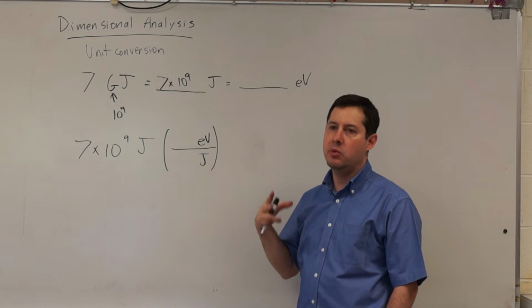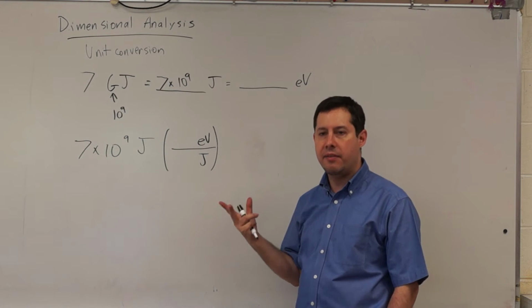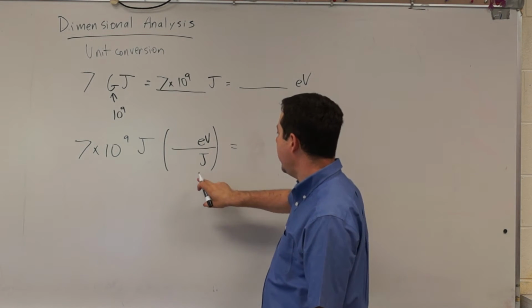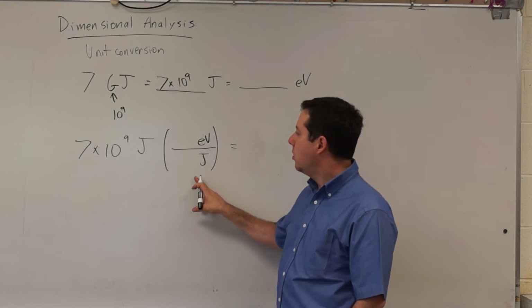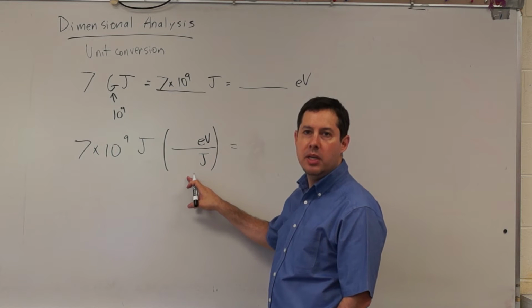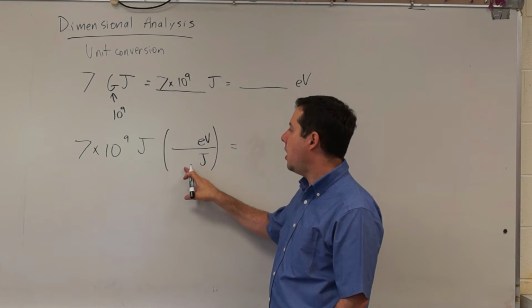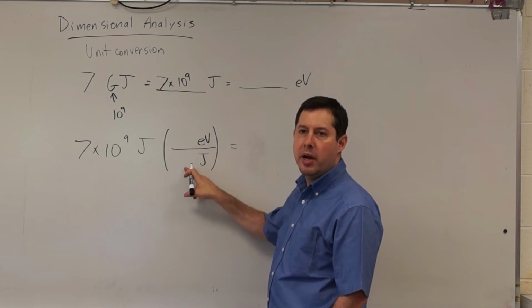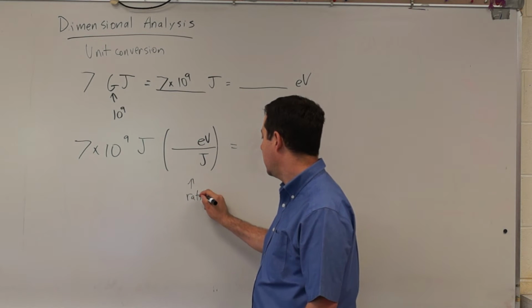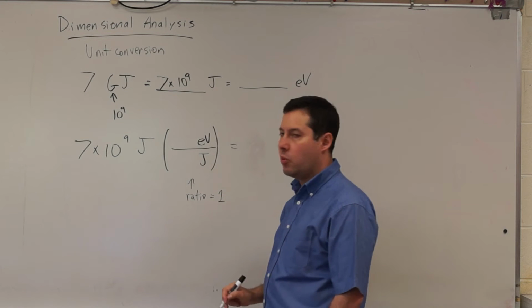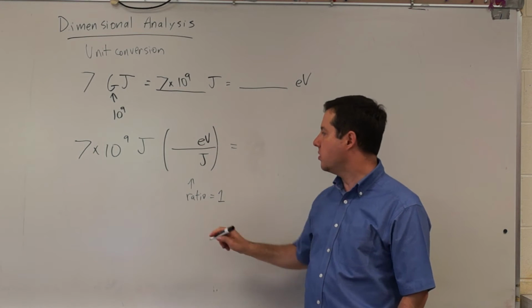So 7 times 1 is equal to 7. So in theory, if we multiply this original quantity by a ratio where the top equals the bottom, you divide one number by an equivalent number, this ratio is equal to the number 1 if the top equals the bottom.